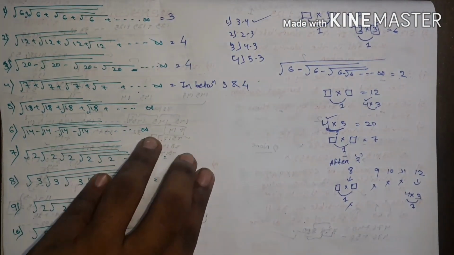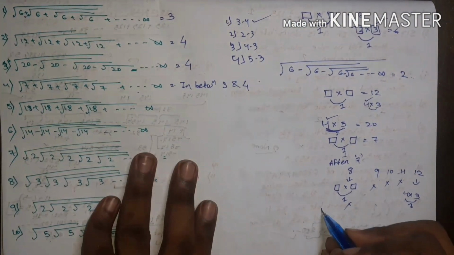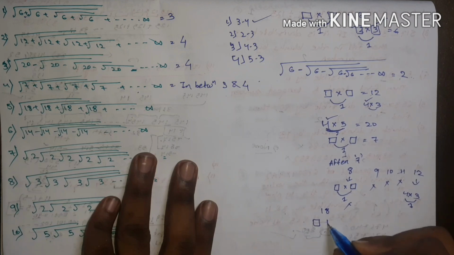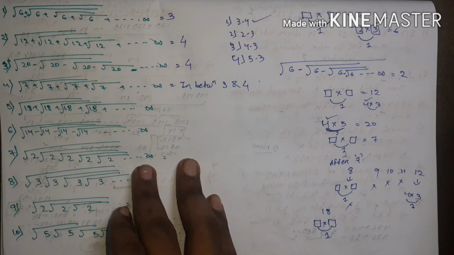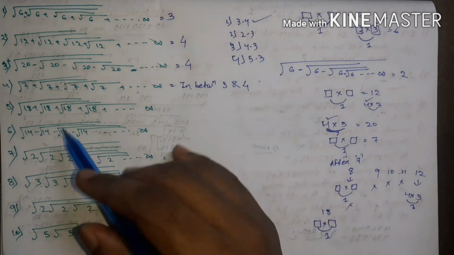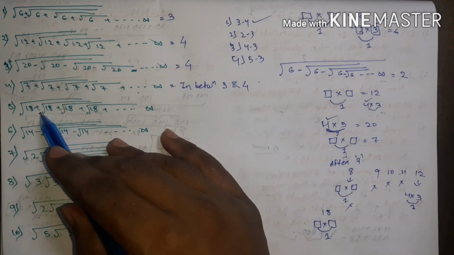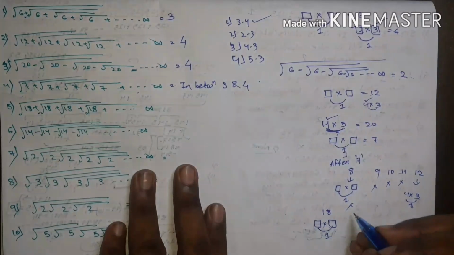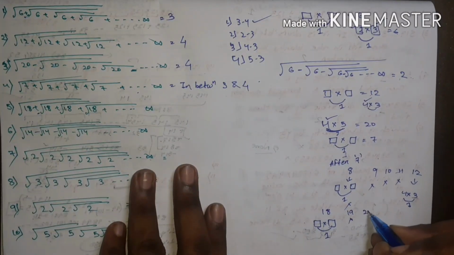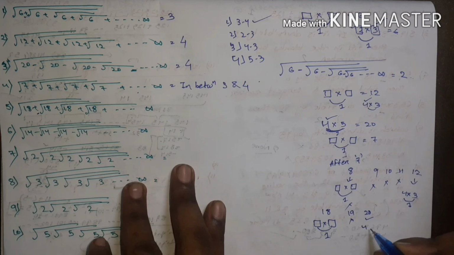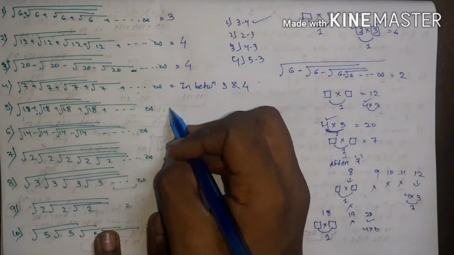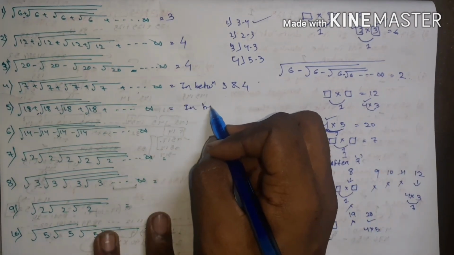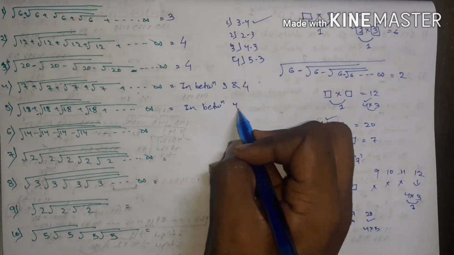Okay, got it? Then go for 18. Can we separate it as this with common difference 1? No, cannot. Then after 18, because the addition sign is there, after 18, 19, no. 20, yes, it is 4 into 5. So its answer is in between 4 and 5.